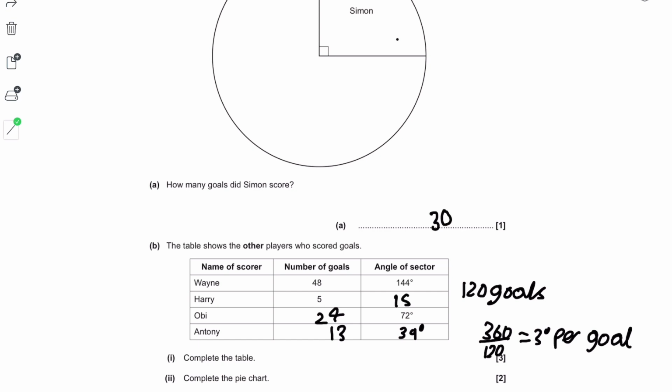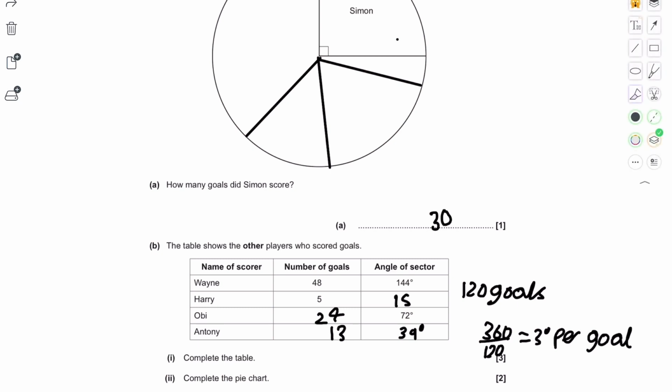I won't draw it to scale, but just as a rough estimate. This would be Harry.